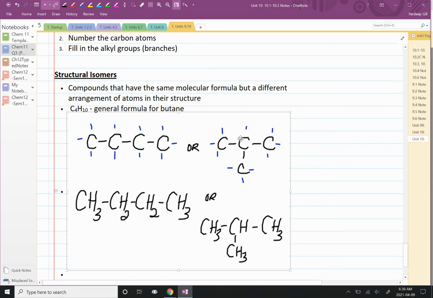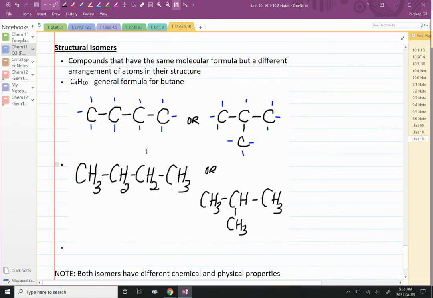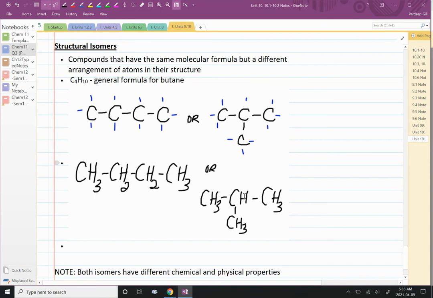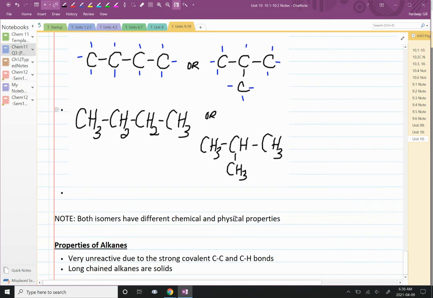That's butane, but you can also rearrange butane into this 2-methylpropane group as well, but these have the same molecular formula. So the molecular formula doesn't always tell you what the molecule looks like, because it can be used for various molecules. Okay, so there is butane or 2-methylpropane. So isomers do have different chemical and physical properties because of their arrangement.